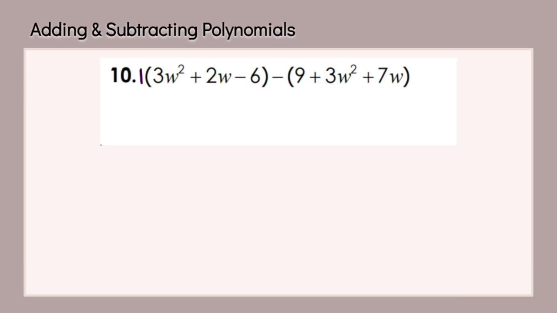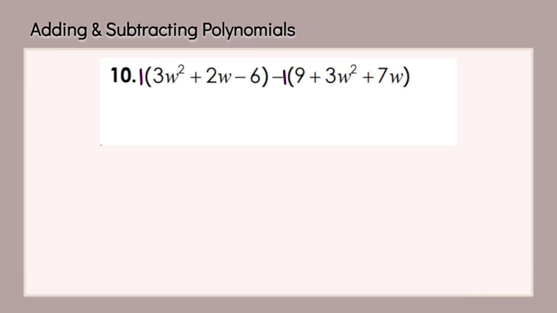So if we were to put a coefficient here, it would be a 1 on the first polynomial. That is a +1. That will not change anything when we distribute, but our parentheses will be gone. If we put a 1 here, that is a -1 that we are distributing. So it will flip every sign in the second polynomial and get rid of our parentheses.